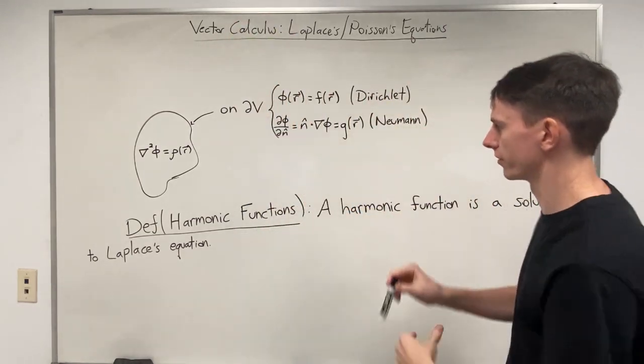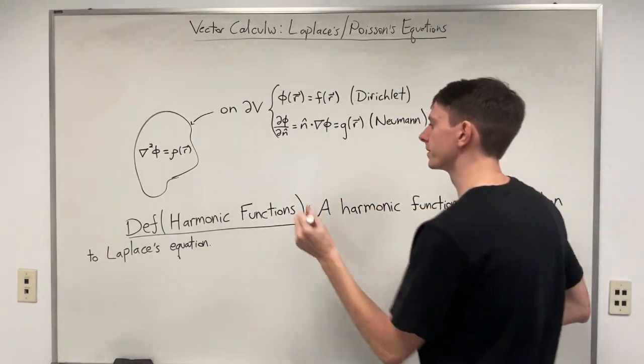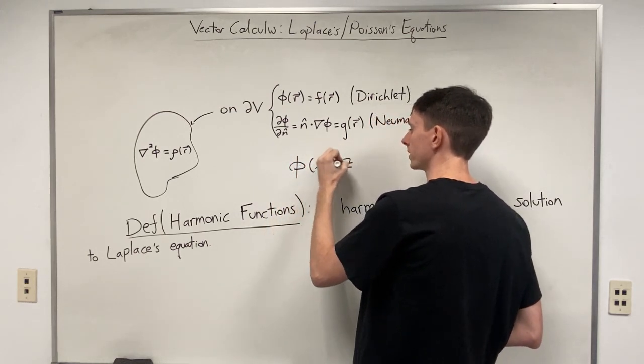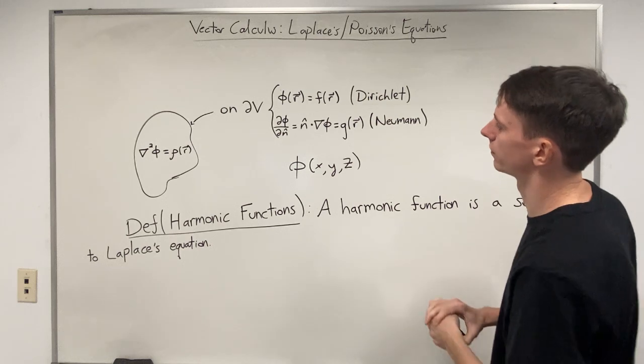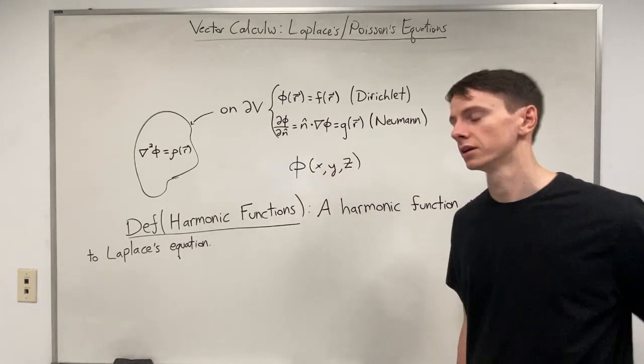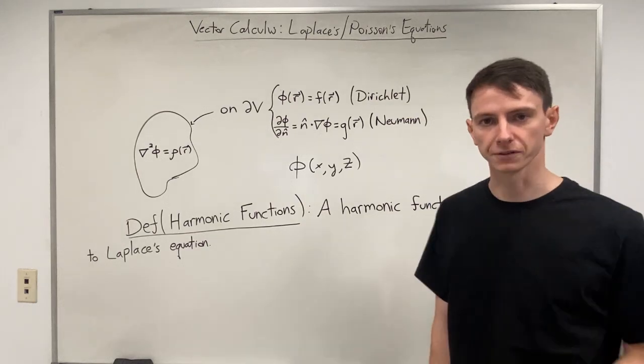I already have a lot of stuff on the board, but let me just write something here. If we had a function phi of x, y, and z, Laplace's equation involves the second order derivatives of this scalar function, not including the mixed partial derivatives.